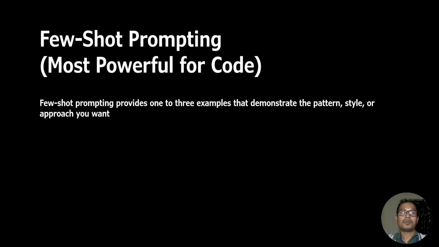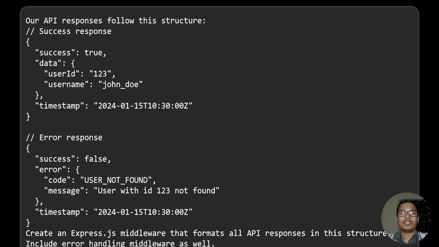Then let me tell you what few shot prompting is. It is the most powerful strategy when you write a prompt. It means in your prompt you are providing one, two, or three examples. In the examples, you are demonstrating what pattern the model should follow when it generates code. For example, you may write: our API responses follow this structure, and you define the success response structure and the error response structure.